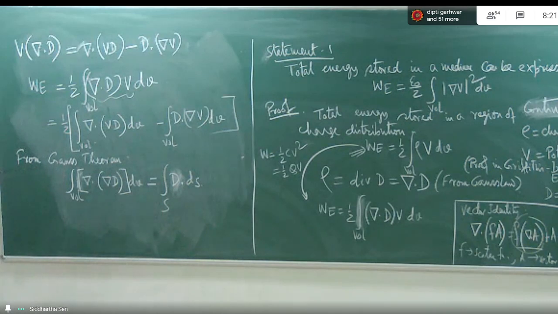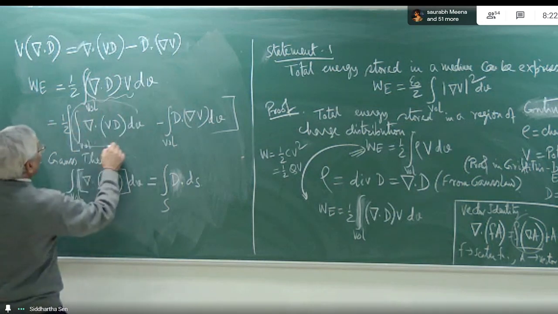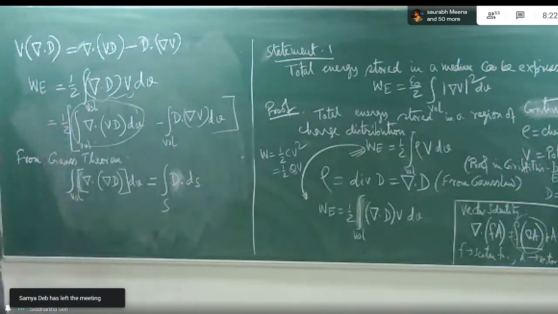Okay. This is your Gauss theorem. Nabla dot D dV is equal to D dot dS. So you can see that this part I can further simplify and write it down.